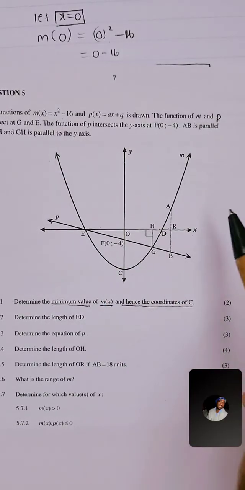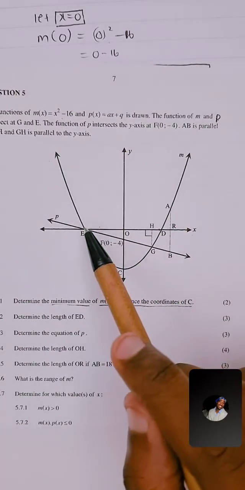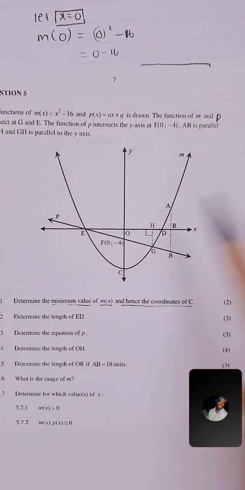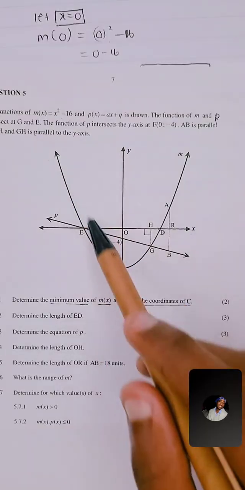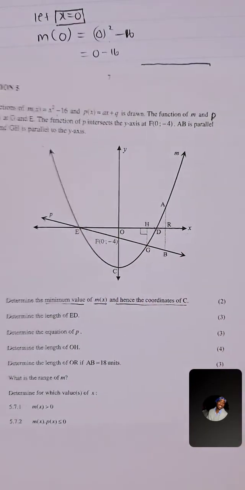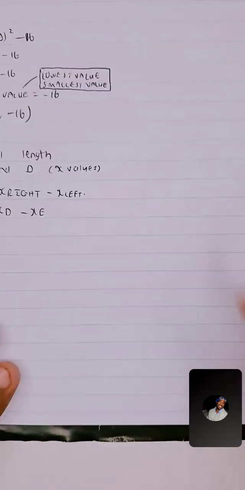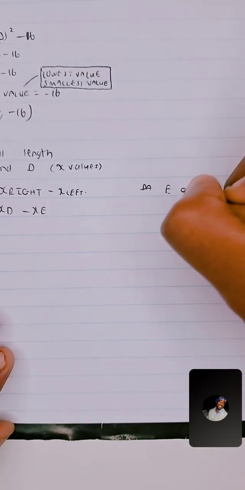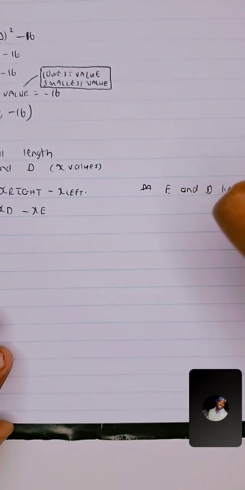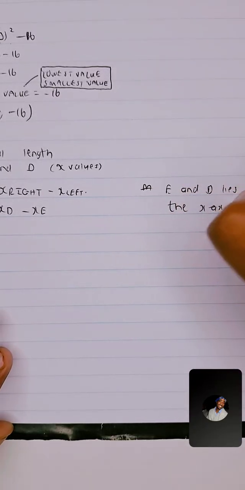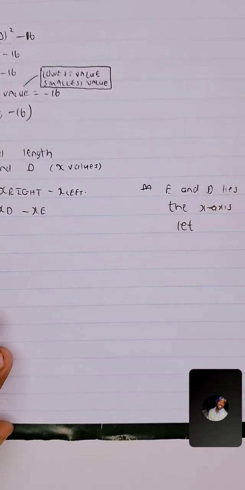Now you said something very important, and that is E and D lie on the x-axis. Exactly. At the same time, the function m passes through E and D, which lie on the x-axis. That's a very important point.